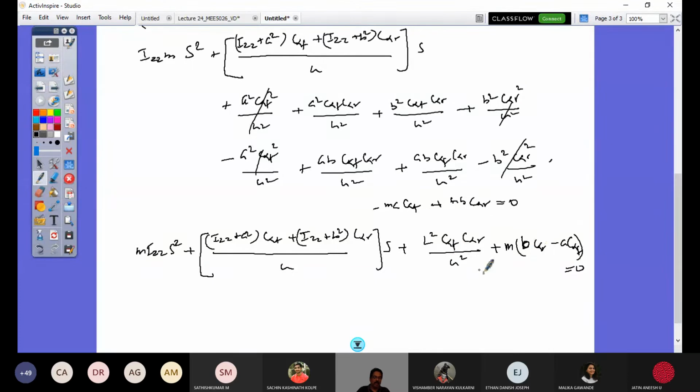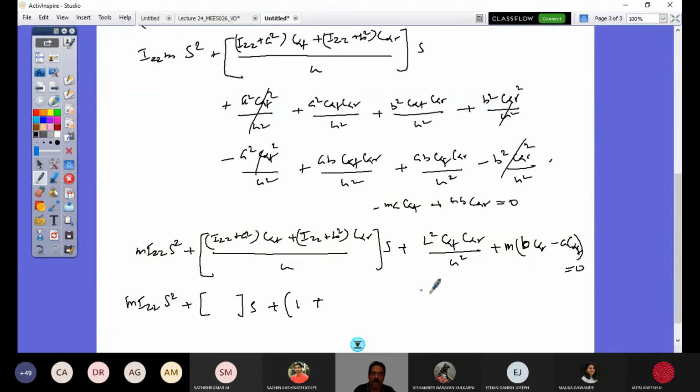How will it be combined? I would make one term as 1. So I will take L squared C alpha F C alpha R by U squared out. Then I would have the same M I Z S squared plus this bracket into S, plus 1 plus, so when I take L squared C alpha R by U squared out, which becomes 1, here it will become the denominator.